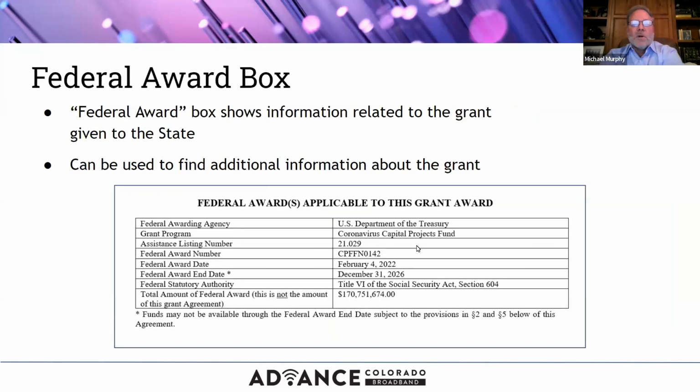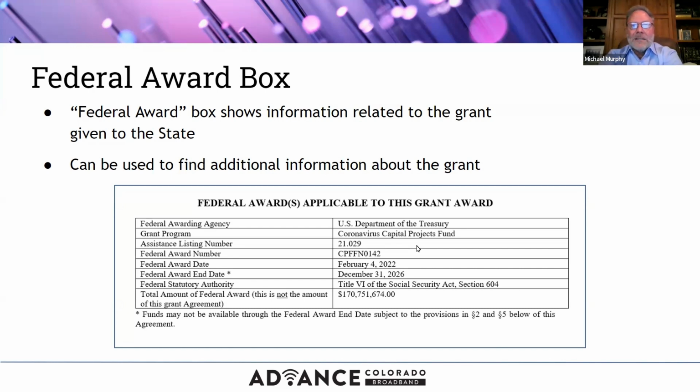Before we go on, I want to clarify something in the section right after the signature page. You'll see a federal award box. This is required by federal guidance that we include in every grant agreement.